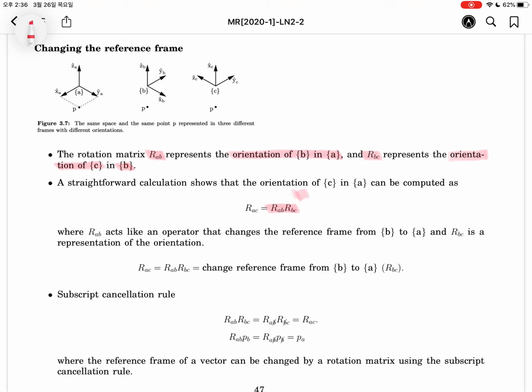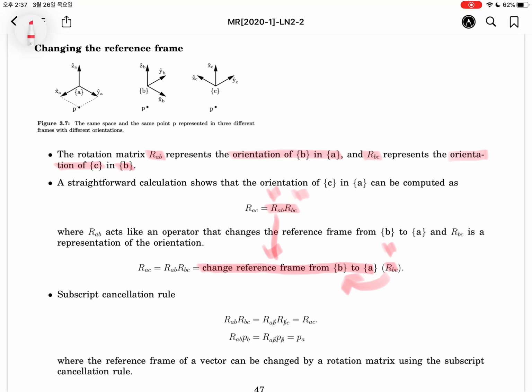The latter part can be used for the description of the C frame in terms of B. The front part can be interpreted as an operator to change the reference frame from B to A. RBC is just a description of the rotation, and this part can be interpreted as changing the reference frame from B to A. So this rotation can be expressed in terms of the reference frame B, and it can be changed into A by using this operator.